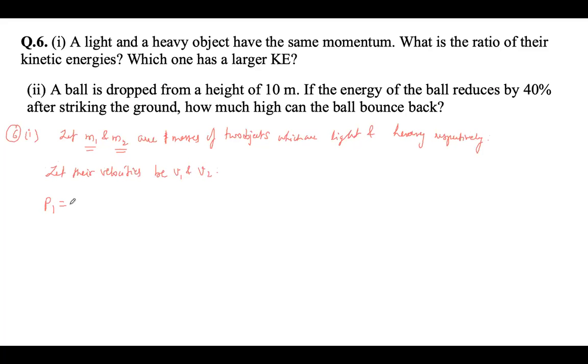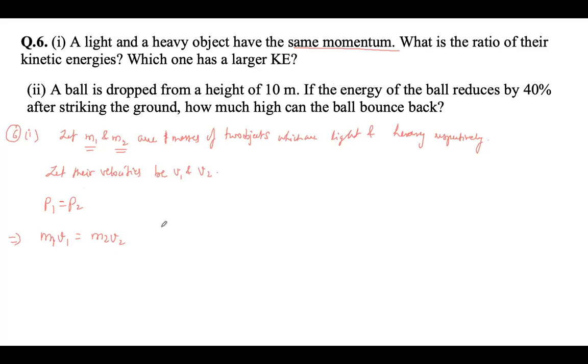So since momentum P1 is equal to P2, है ना, मोमेंटम को P से रिप्रेजेंट करते हैं, फर्स्ट ऑब्जेक्ट का मोमेंटम सेकेंड ऑब्जेक्ट के मोमेंटम के बराबर है क्योंकि यहाँ सेम मोमेंटम बताया हुआ है. So m1 into v1 is equal to m2 into v2. The momentums are same.